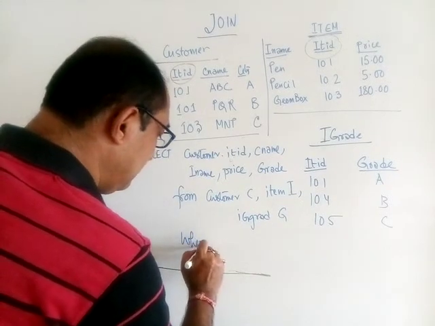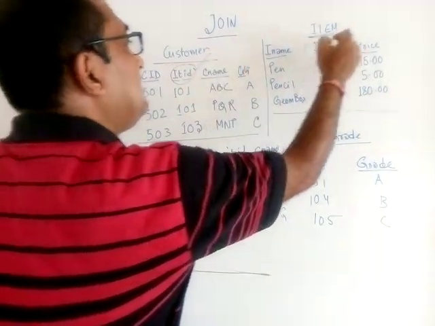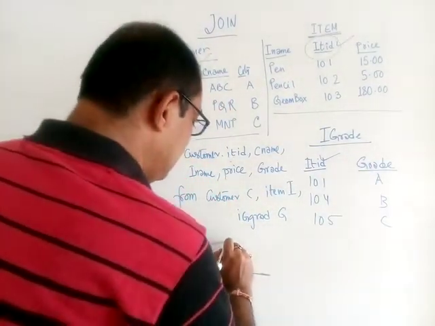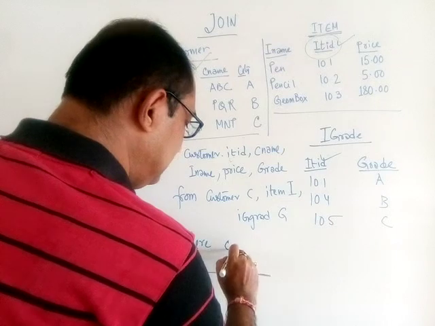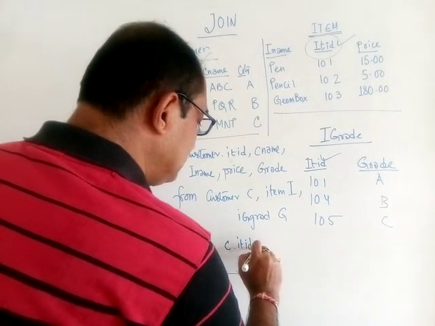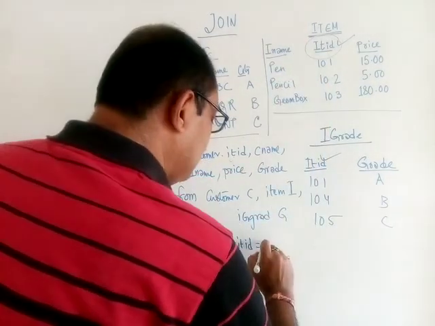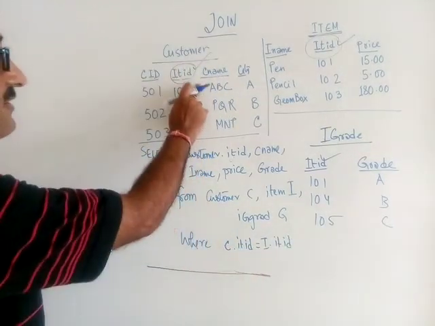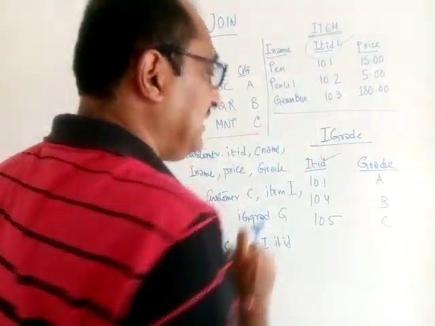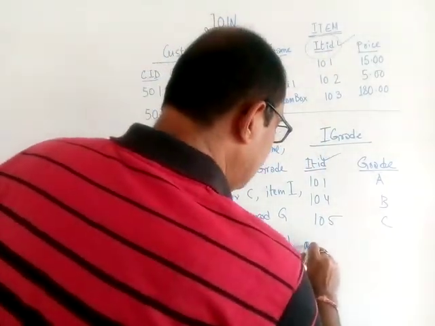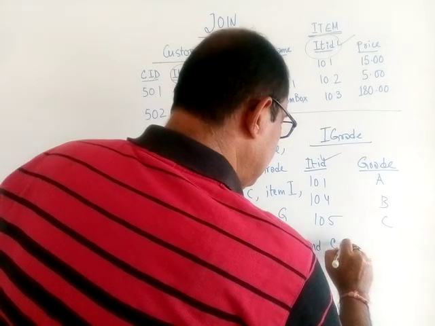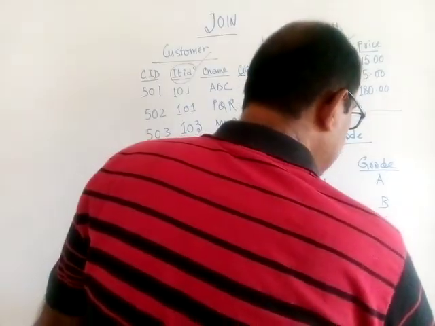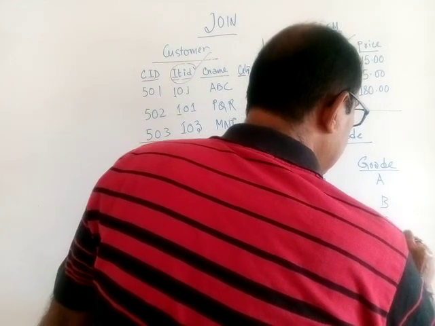The condition will be where I need to say that this ID, this ID and this ID should match. So we can write where C.ITID is equal to I.ITID. That means where ITID of the customer column is matching with ITID of the item column, and where C.ITID is matching with G.ITID.